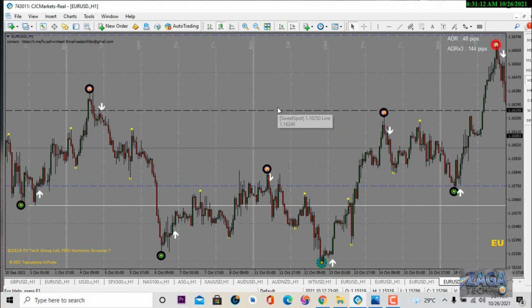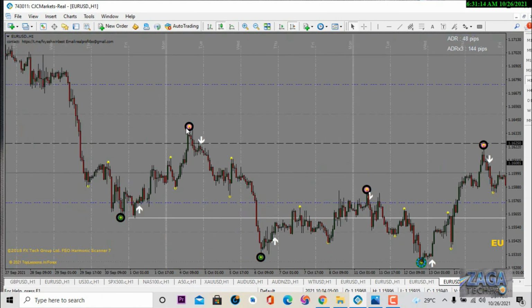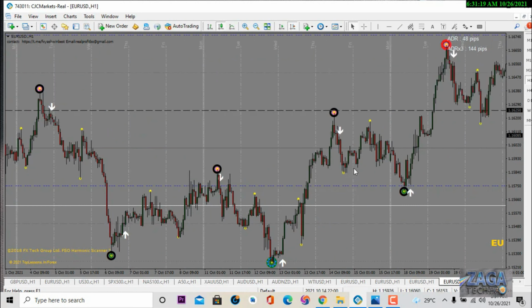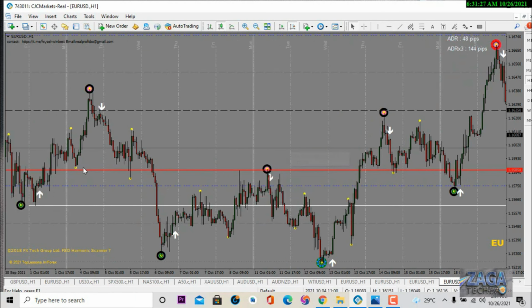Now when you take a look at this, you see this area, you see here, you see here. So if I get a horizontal line and put it here, you can see that the market tends to be affected here.